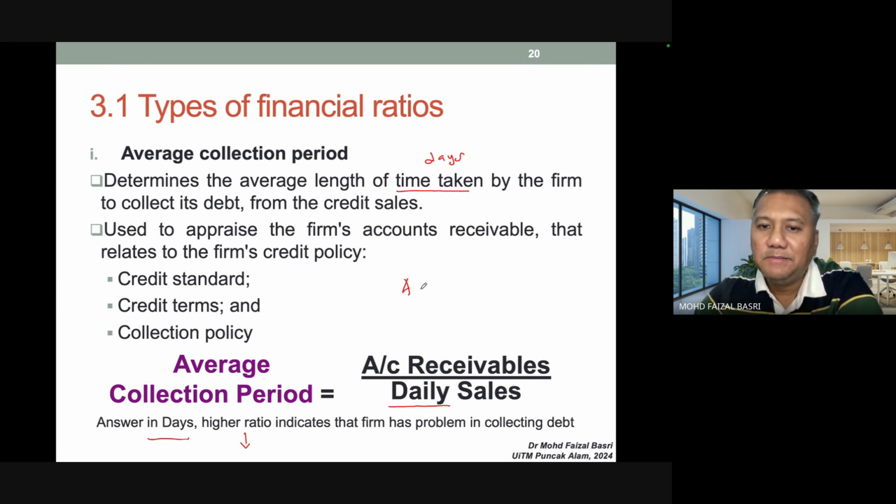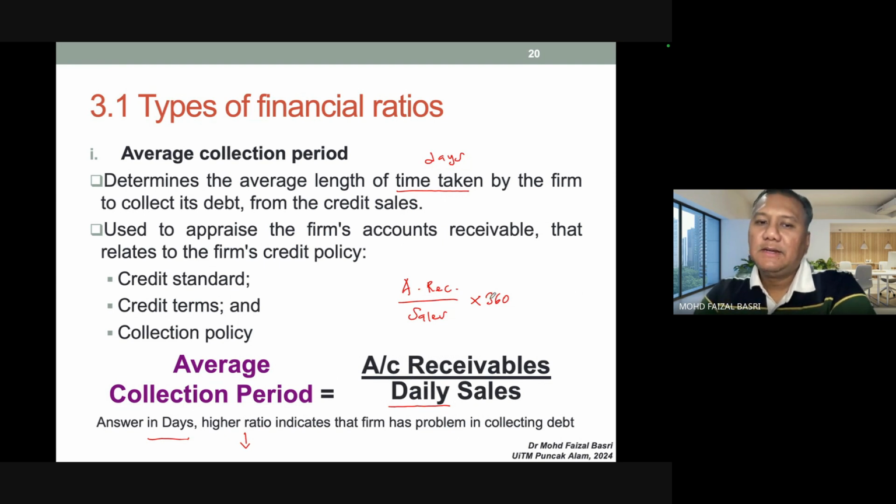Okay, formula dia apa? Account receivable sama. Take the account receivable, you divide by sales, the total sales yang ada dalam soalan, but we multiply with 360. Okay, darab dengan 360 in order for us to get the number of days.